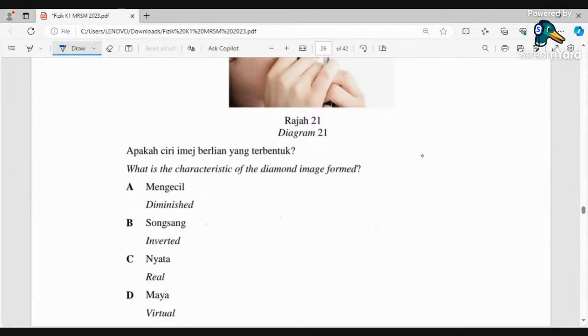Magnifying glass maksudnya dia punya position ialah U less than F. Untuk U less than F, kita akan dapat VUM. Okay, jadi virtual upright magnified. Magnified means bigger. Okay, jadi jawapan yang ada di sini ialah D, virtual.